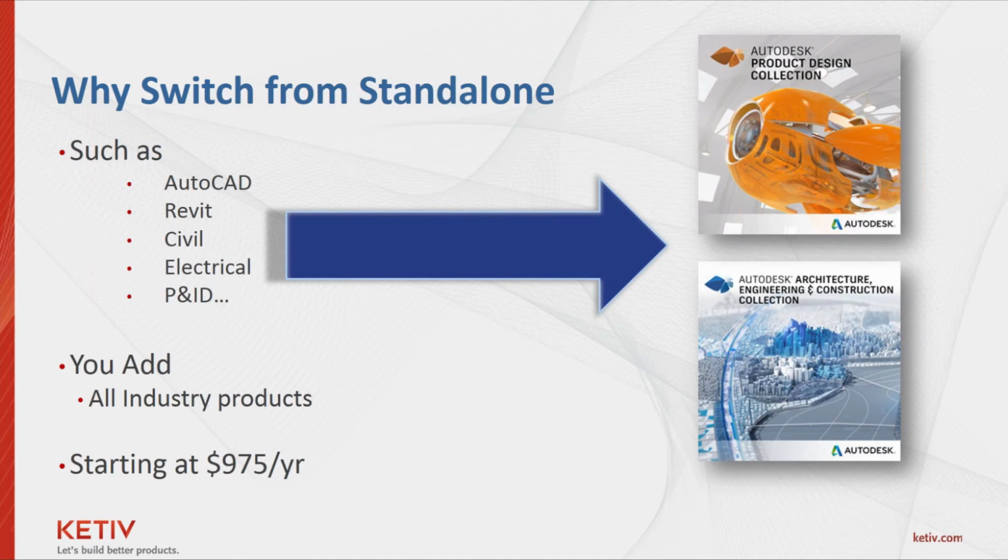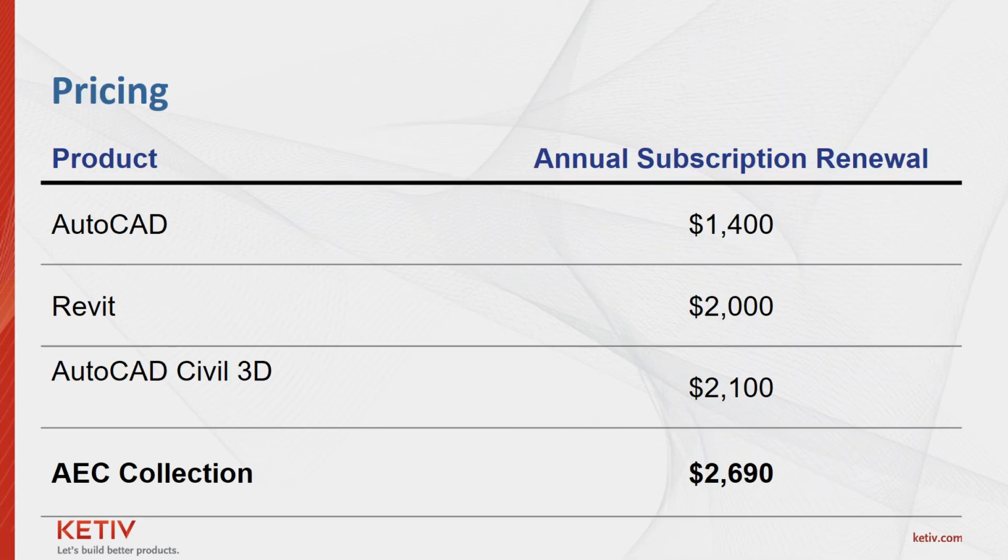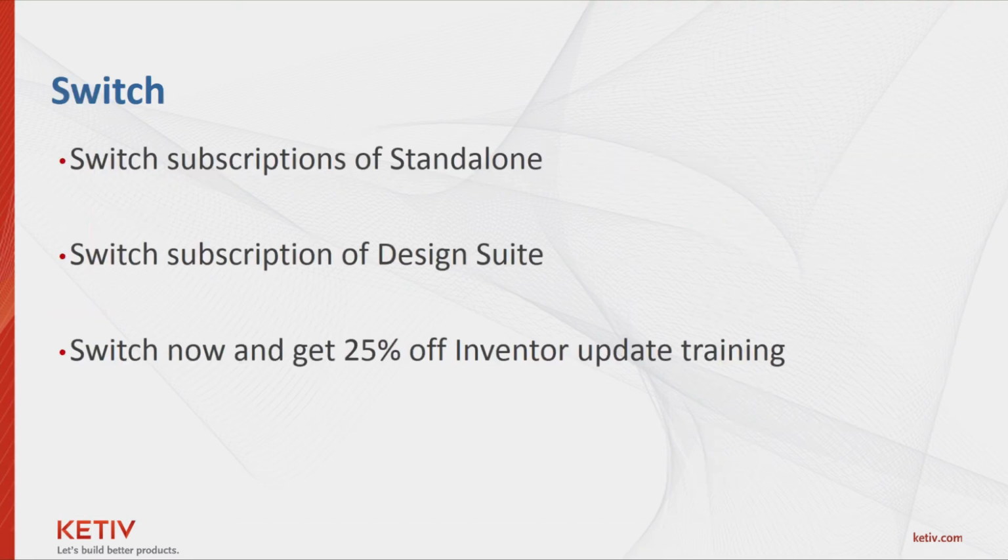And what the annual subscription renewal will look like for you if you have one of these standalone products such as AutoCAD, Revit, or Civil 3D, is noted right here. So even if you were to purchase 2 of these as a standalone, you'll notice that the cost is already less.